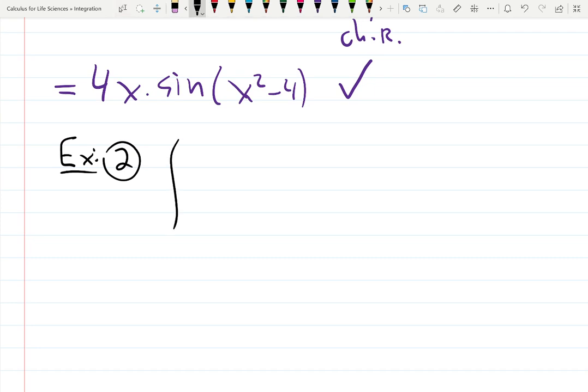Integral of, in the denominator, 3x cubed minus 4 dx, and in the numerator, let's do 9x squared. Why not? Let's do that. 9x squared. How to integrate a quotient.